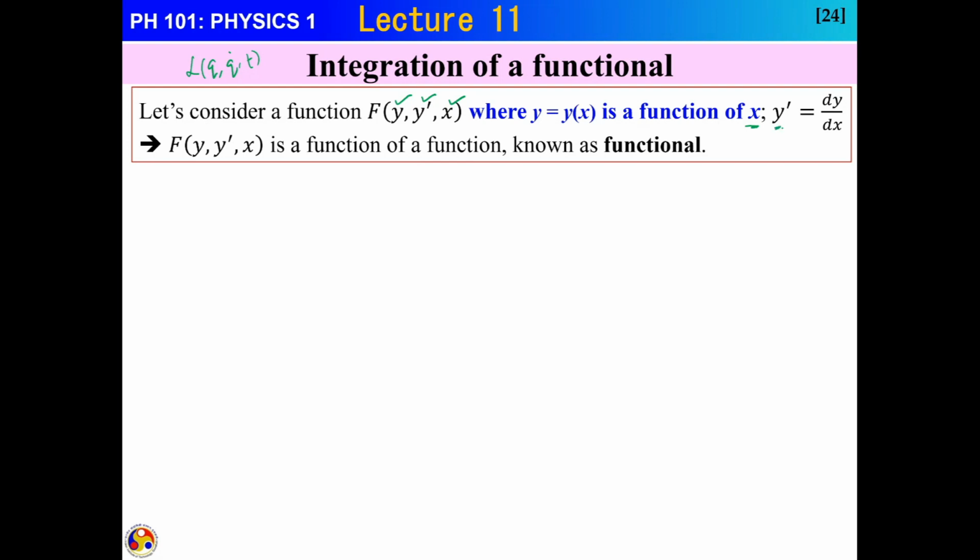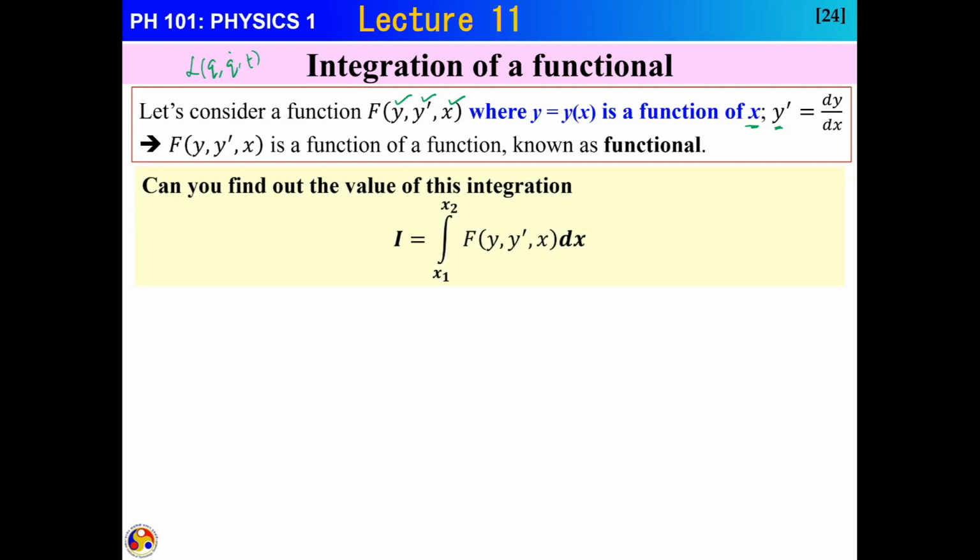Therefore, y prime would be simply the derivative of y with respect to x, such that the function f is a function of a function, because y is also a function of x. So f is a function of a function, known as a functional. So all we need is to find out this integral condition to get the shortest time.